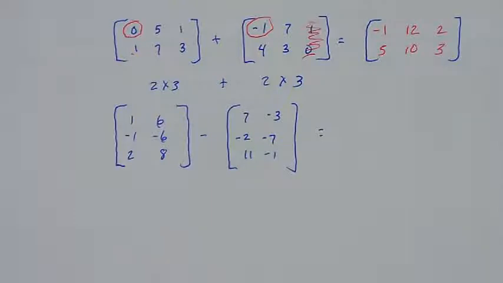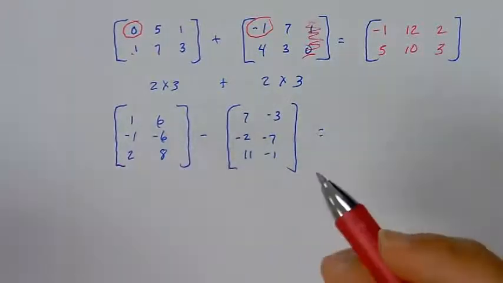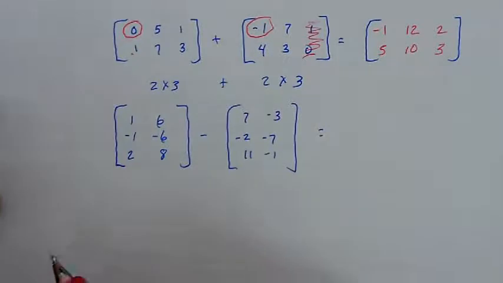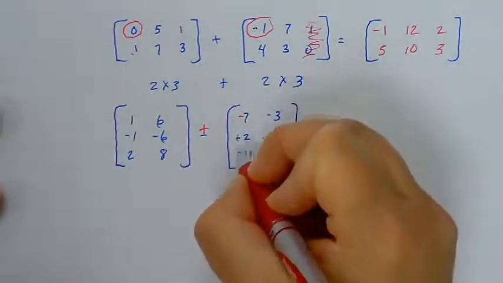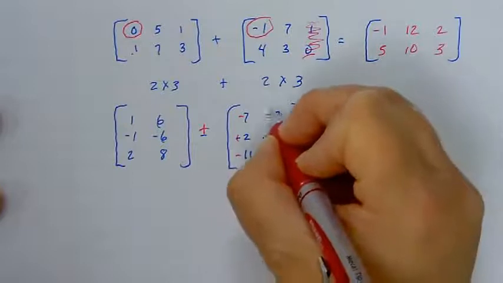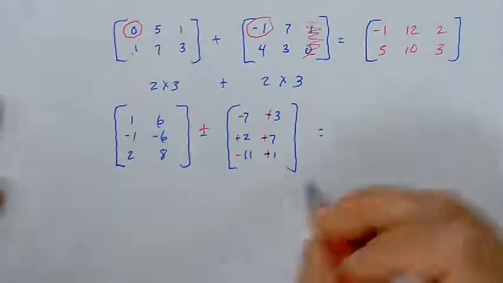And with subtraction, sometimes it's hard to remember that you're going to subtract every time. So what I like to do is just change this to addition and change the sign of everything in here. And now I have a simple addition problem.